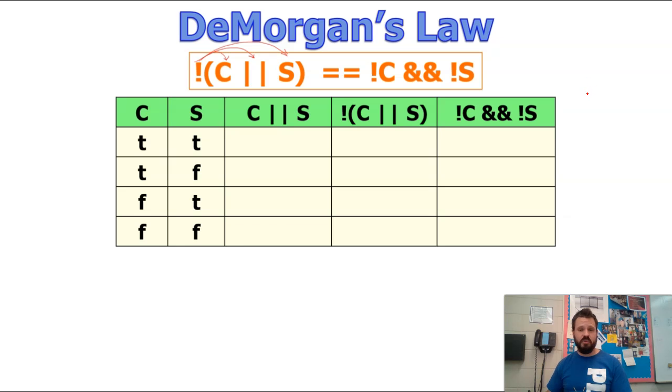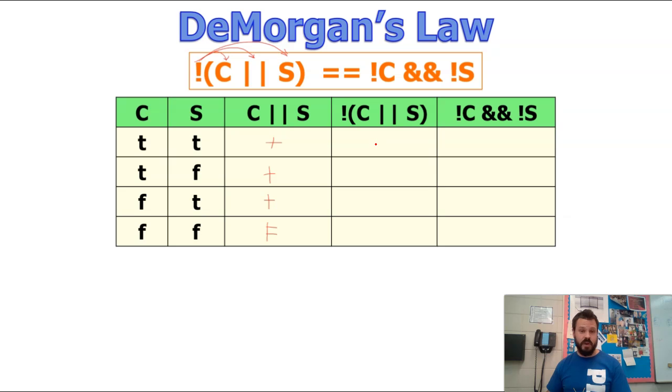Now, as far as proving why this is true, what we could do is use a truth table again. So I've got my different combinations of C and S here, whether they're true or false. Now C or S will be true in all cases except for when they're both false. Now, not (C or S) will be the opposite of that.